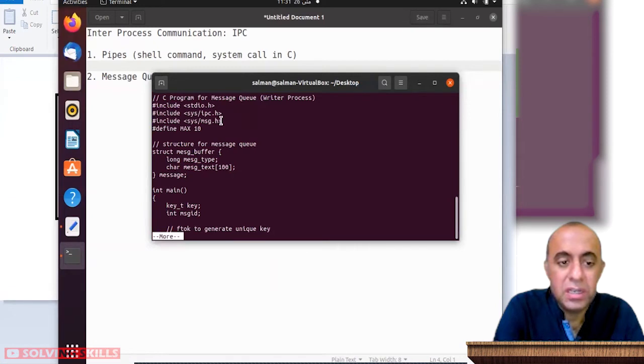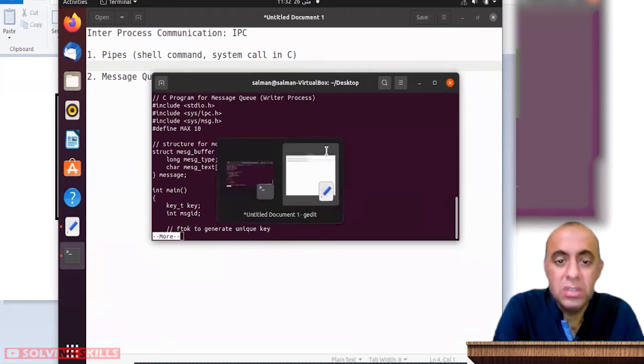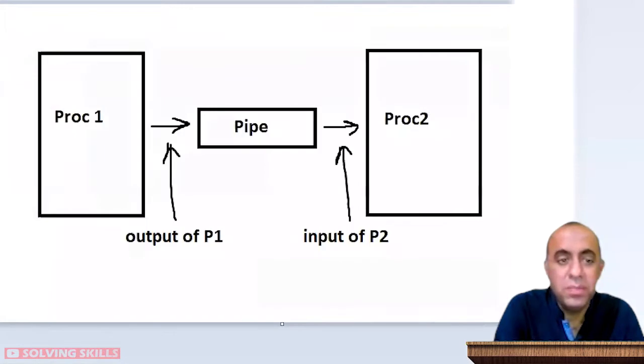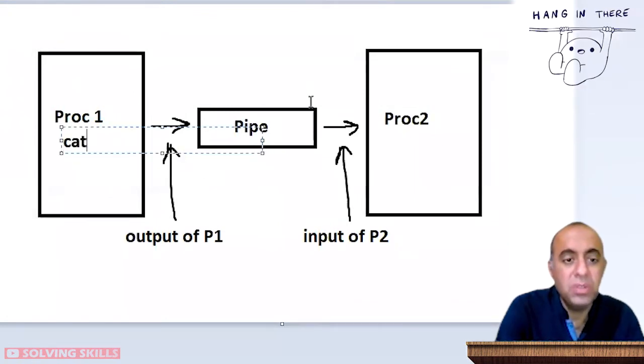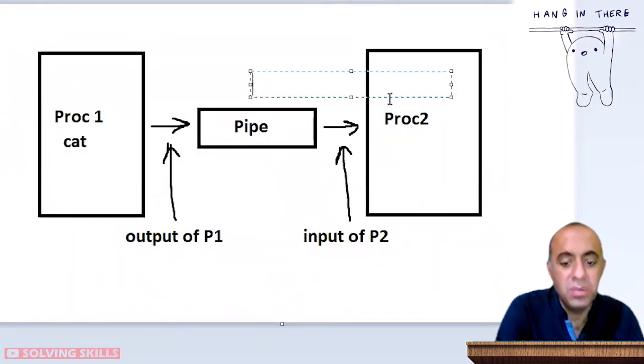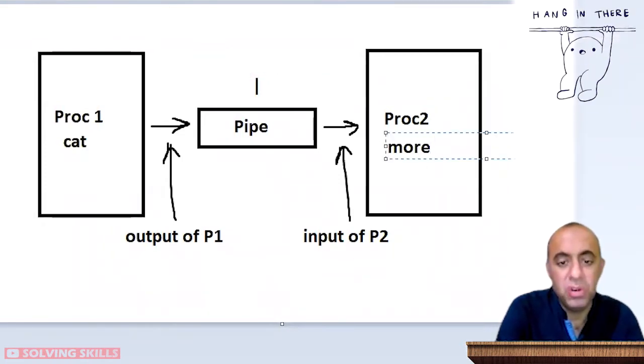And now you see that after the first page was printed, which could fit in the size of the window, the word more is written at the end, which was only possible because of the program more. What happened was that the program cat generated an output which was sent through that pipe, this pipe character, to the second program, which in this example is more.